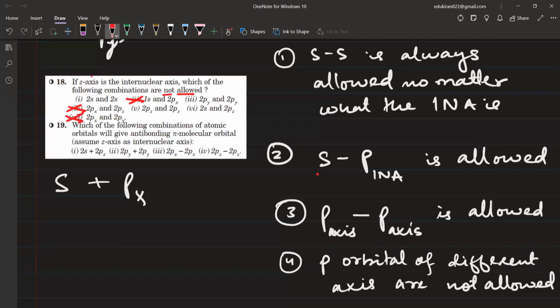Okay. All of you understood this? Yes or no? Please tell me, guys. Yes, sir. Write this down and write it fast.